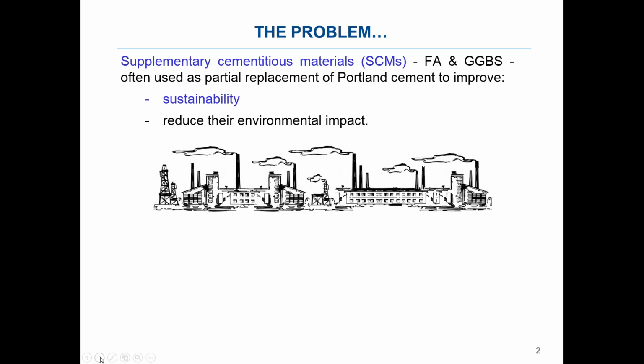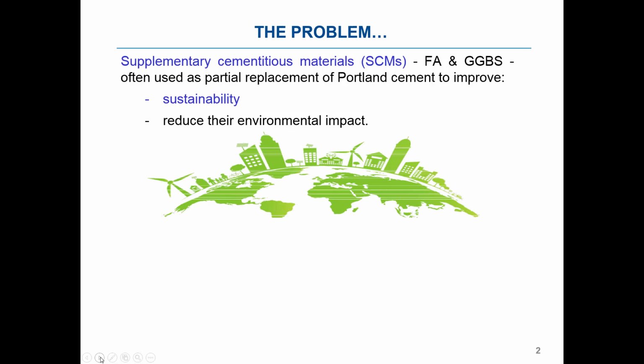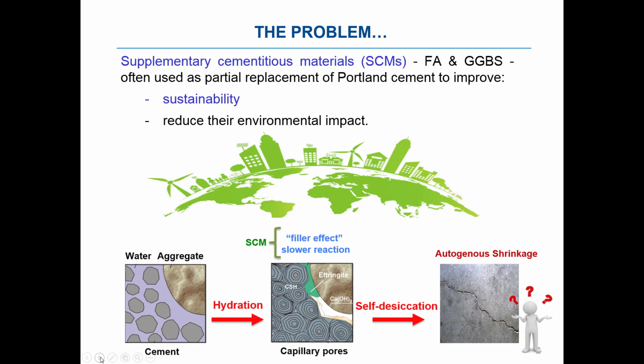Supplementary cementitious materials such as fly ash and GGBS have been successfully used to improve sustainability of Portland cement materials by reduction of clinker, responsible for high CO2 emissions during its production. However, early age shrinkage of cementitious systems is still a major concern.